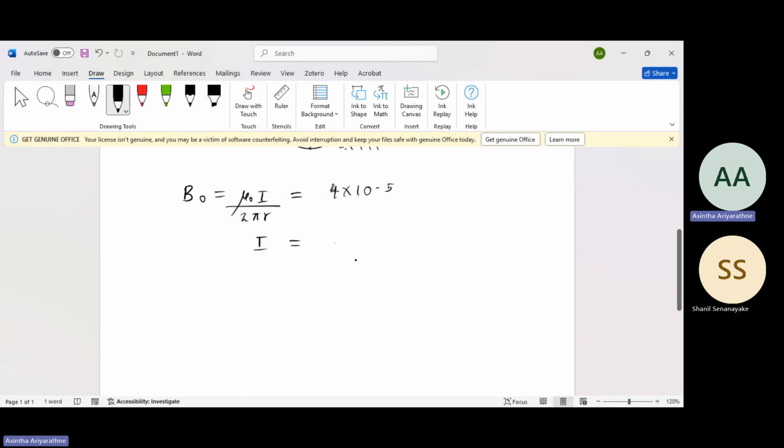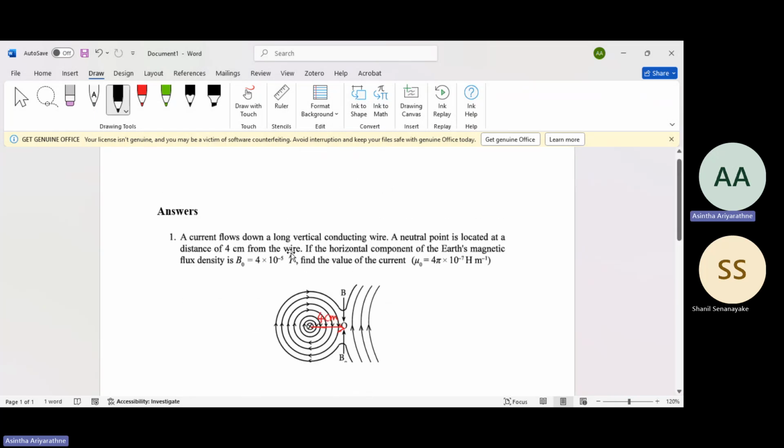Then I is equal to 2 pi r times B over mu naught. Mu naught is given.